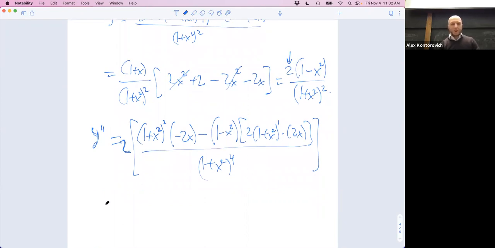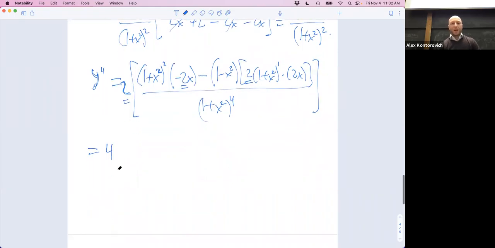Okay. What do I see now? I see this 2, I see this 2, and I see one of these 2s. Let's take this one or something. So that's a factor of 4. Underline means I've taken care of it already. I see a 1 plus x squared, and a 1 plus x squared, and a 1 plus x squared to the 4. Let me do it one step at a time.